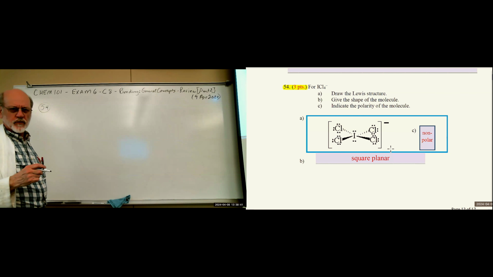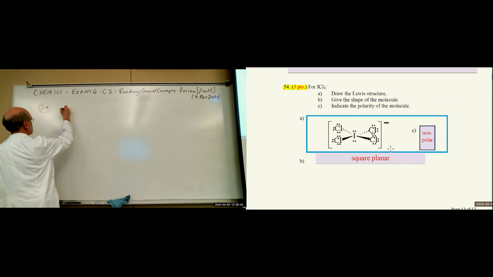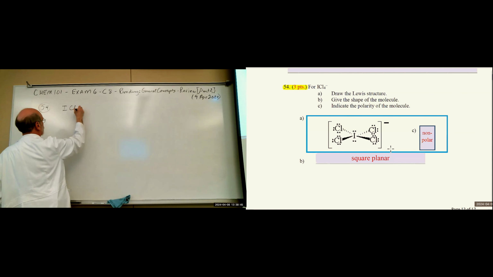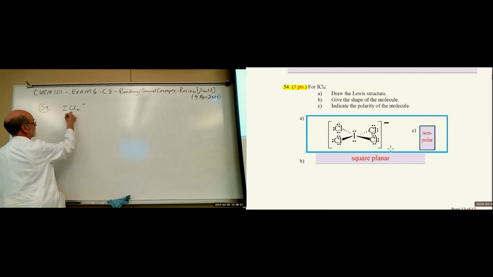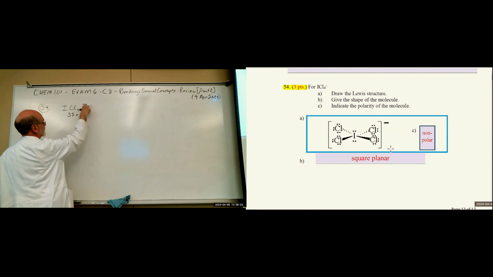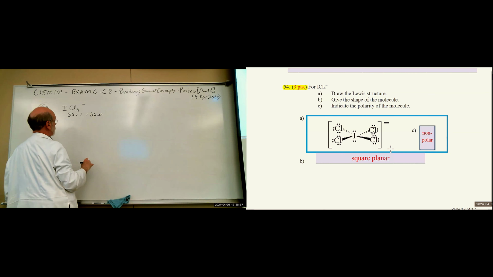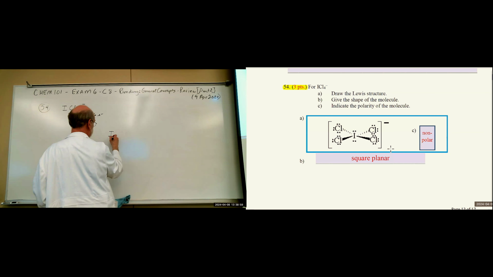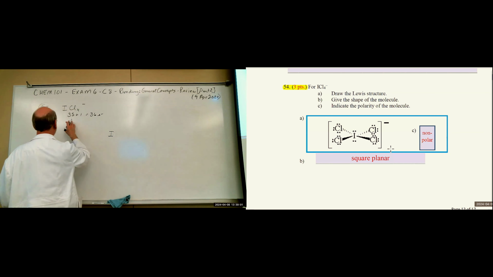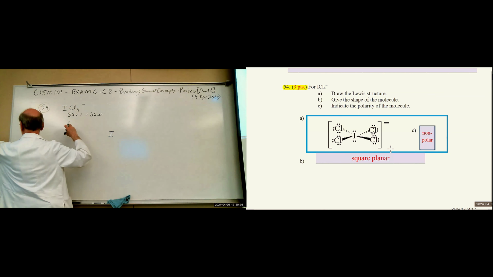Draw the Lewis structure for ICl4 minus. ICl4 minus. So we have 5 halogens, which means 5 times 7 is 35. Plus 1 for that charge. So we have 36 electrons. We're going to have iodine in the middle. It has a lower electronegativity than chlorine because it's below.